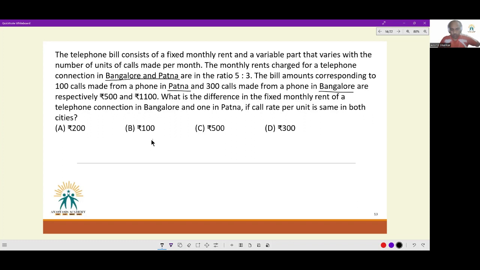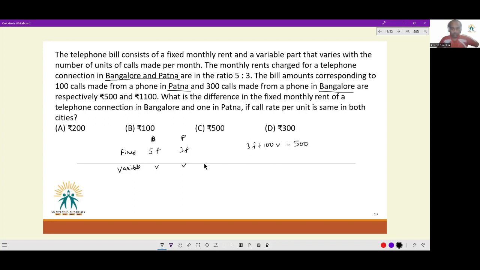So we have Bangalore, Patna, fixed cost is 5F and 3F, and variable cost is identical, is V. So for Patna, when they say 100 calls from Patna, 3F plus 100V is equal to 500.